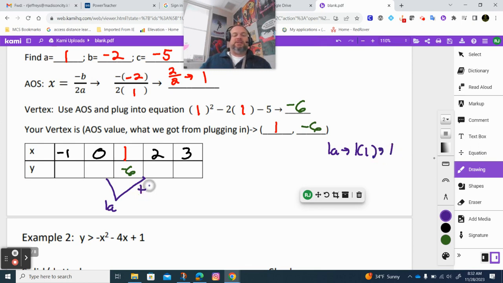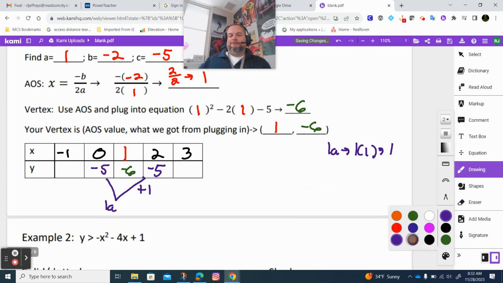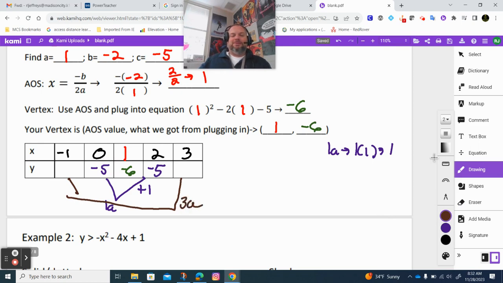What is -6 plus 1? -5. These two are 3a. Well, that's 3 times 1, which is 3. So what's -5 plus 3? -2.